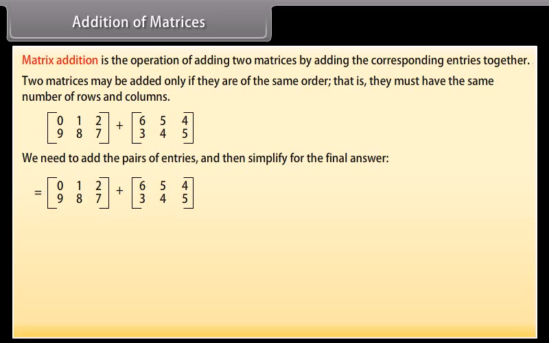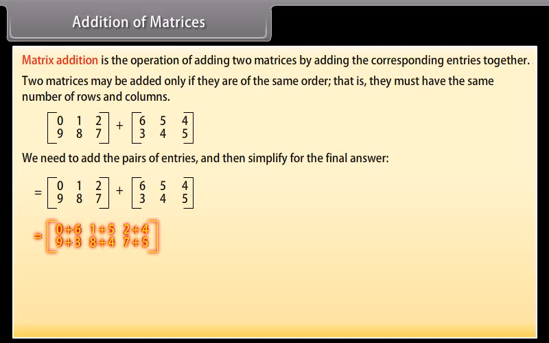Row-wise, first row 0, 1, 2, second row 9, 8, 7, plus row-wise, first row 6, 5, 4, second row 3, 4, 5. Row-wise, first row 0 plus 6, 1 plus 5, 2 plus 4.